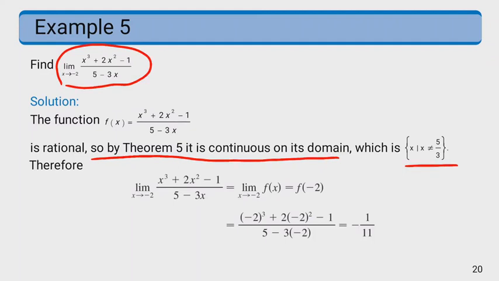And you can see quickly that -2 is not included in the denominator. It's not a point that gives us a problem in the denominator. So straight away, you can do a direct substitution, find f of -2, and then finally get to the limit. I know people could have struggled and started thinking about how to factorize the numerator such that 5 minus 3x starts cancelling, which may not be the case.